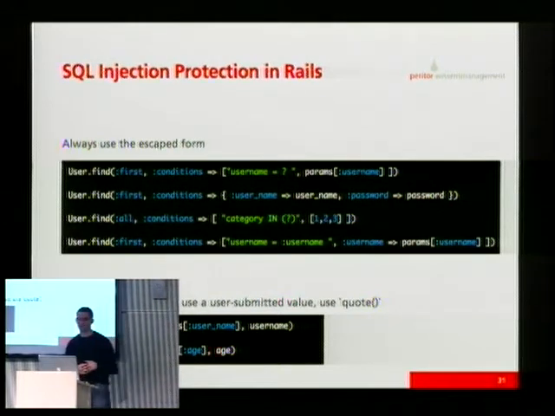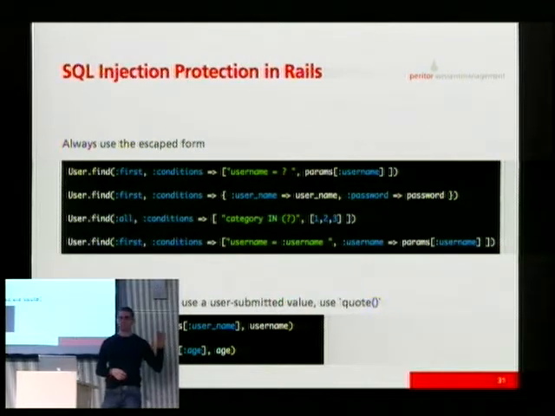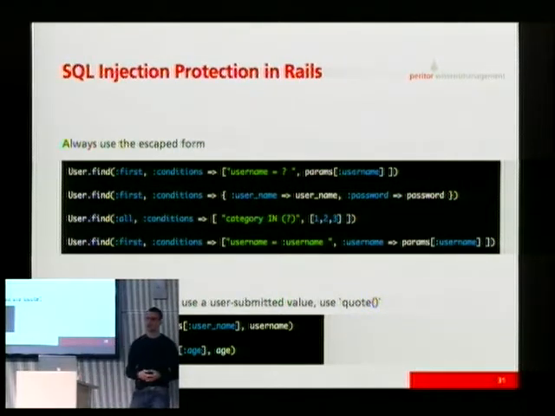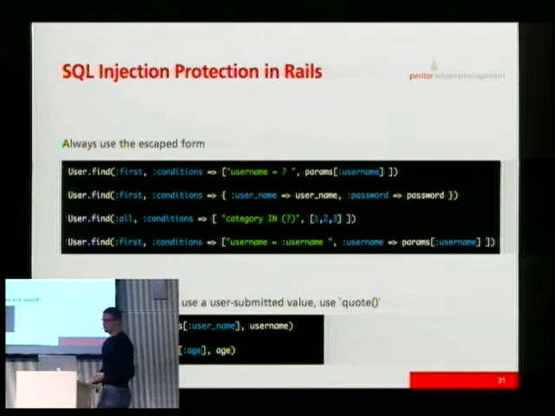You can also pass in a hash, where you have the attribute that you want to filter on and the value that should be user submitted or whatever. You can also do this with arrays, so it's very easy to say select all categories where category ID is in the user submitted array. And you can even not use question marks, but use named value identifiers.